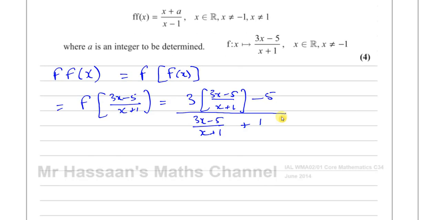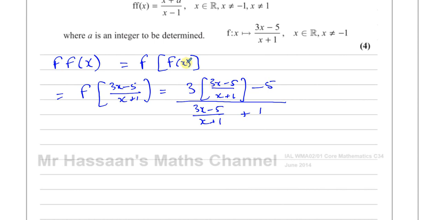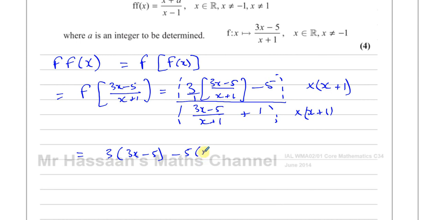Okay, now, how do I deal with this? Well, remember, this 3 is just multiplying the numerator here, so it's not like 3 times both of them. This is like 3 over 1 times that. So what I can do here, a nice little trick to get rid of the denominators inside this fraction, is multiply both the numerator and the denominator of this by x plus 1. Okay, if I multiply this by x plus 1, the x plus 1's cancel, and I'm left with 3 times 3x minus 5 minus 5 times x plus 1.